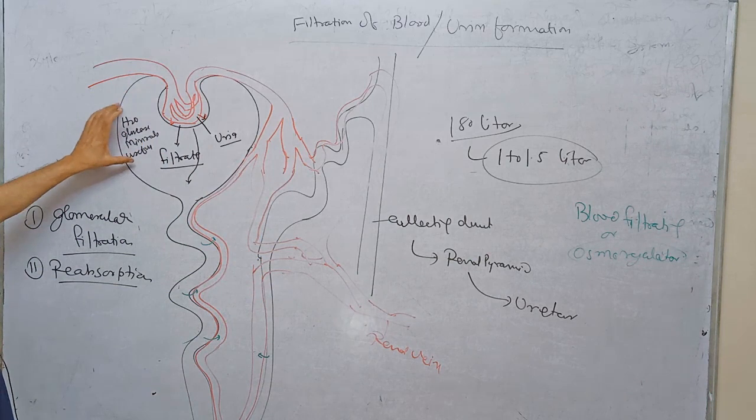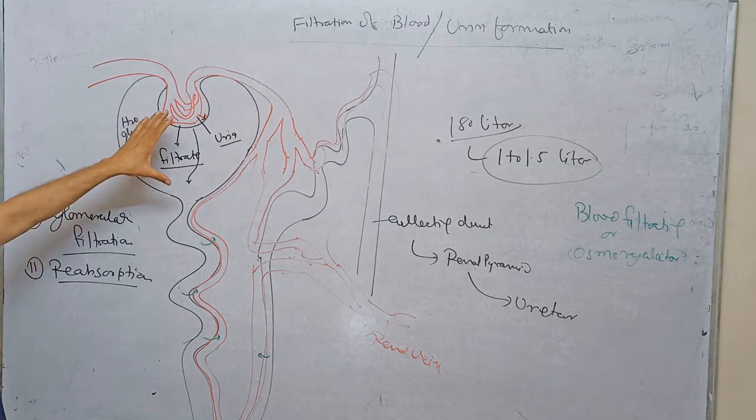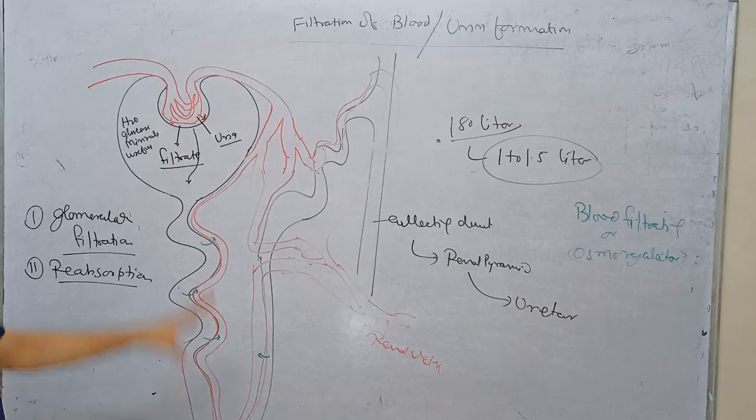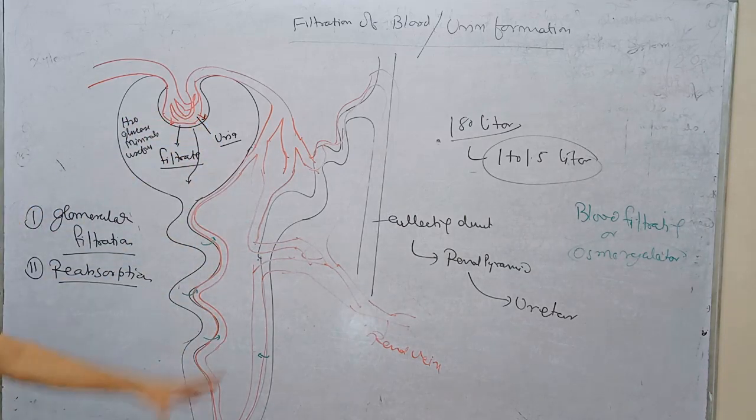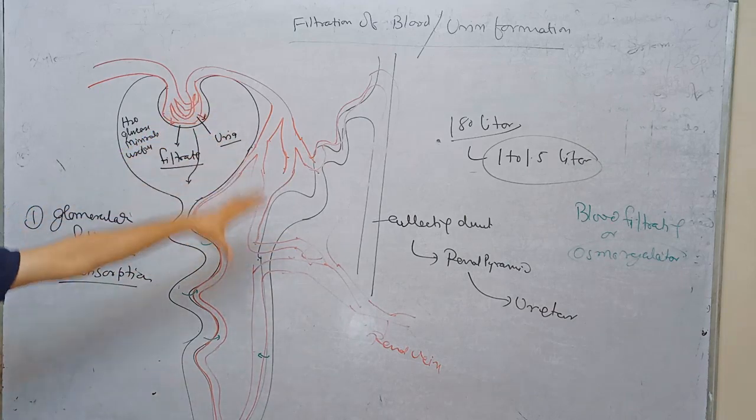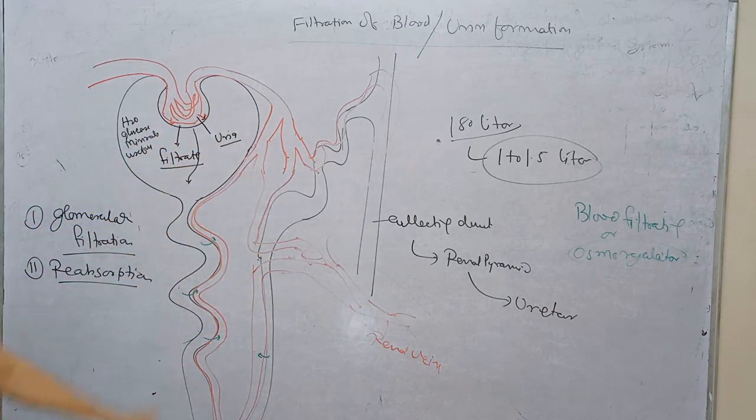If the salt and water are lost, then what happens? Our body becomes dehydrated. To prevent dehydration, osmoregulation takes place here. After reabsorption, tubular secretion also takes place.